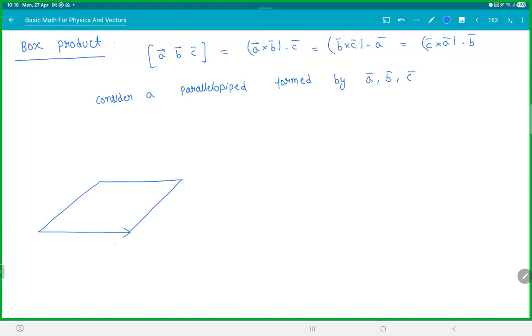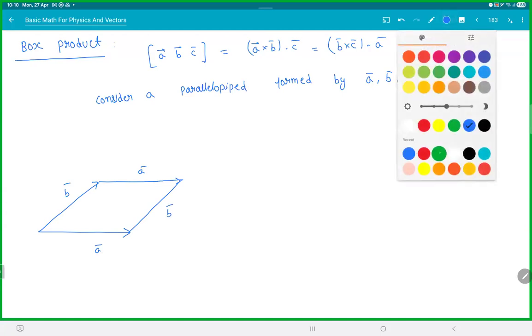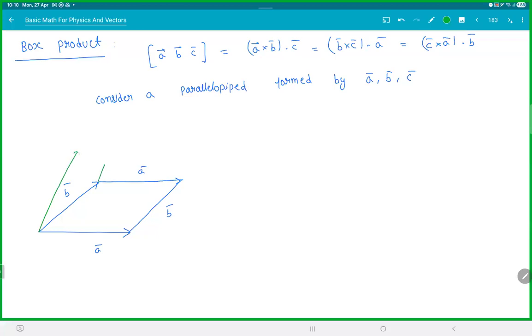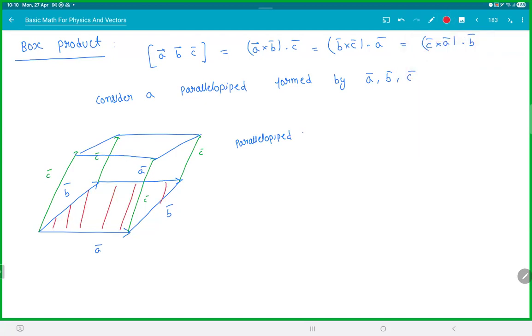If you take these three vectors, so if this is your A bar and this is your B bar, now if you put four C bars, these green ones are your C bars. And again, you put A bar, B bar, and C bar. You can clearly see this forms a parallelepiped. That's why we call it a box. So this is your base area. A cross B is the base.